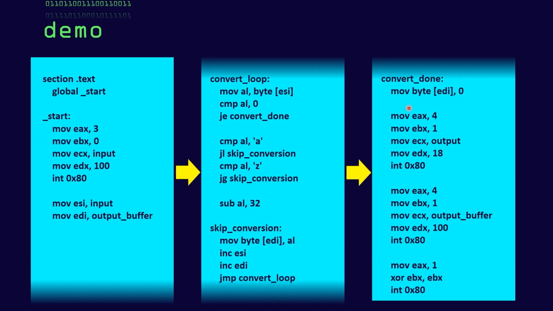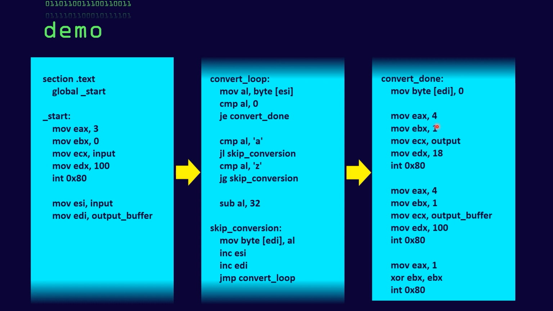Then the following 5 lines of code here will display the output variable, which in this case is just that message telling uppercase string column space that we initialized in the data section. So whenever we are moving forward to the register EAX, it's telling the computer, hey, we're going to write something.